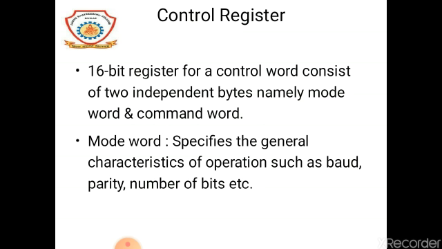Next is the control register. So what is the control register? This is a 16-bit register. The control word consists of two independent bytes, namely the mode word and the command word. Mode word, what is the mode word? It specifies the general characteristics of operation such as baud rate, parity, number of bits, etc. So baud is the rate at which transmission occurs.